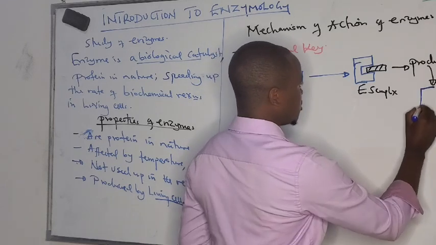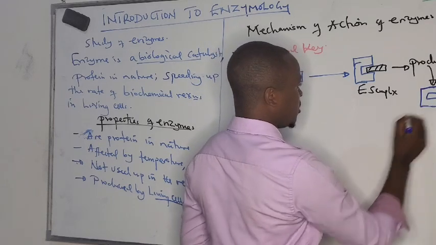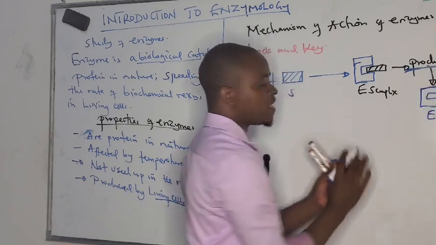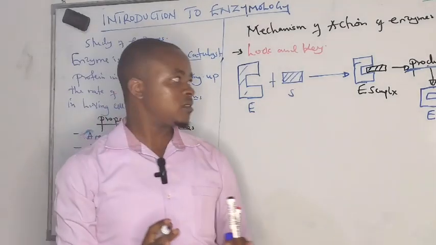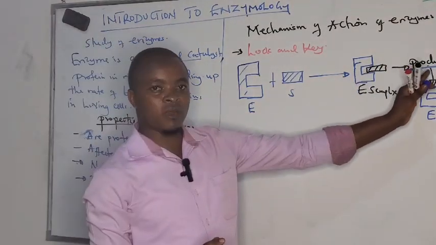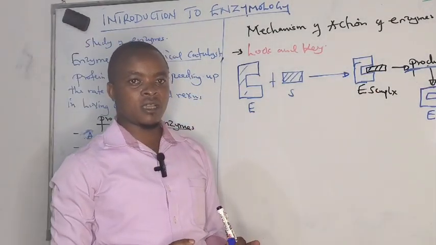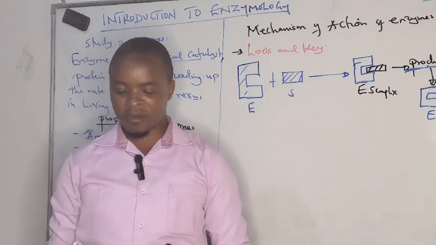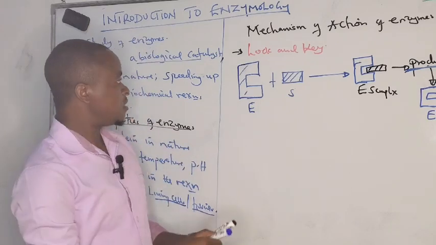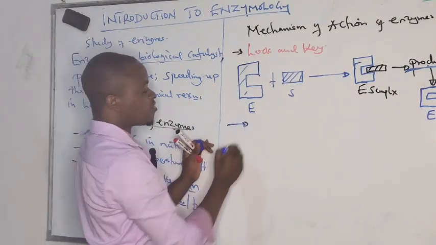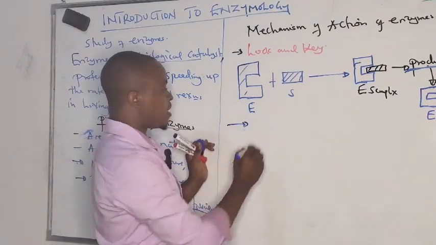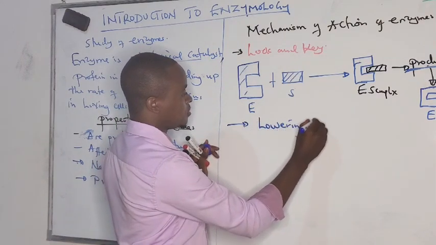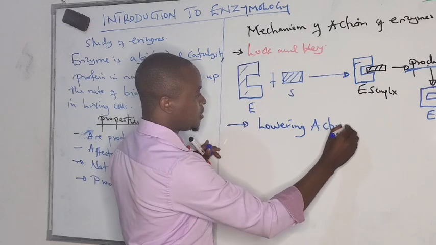It is released to go back and catalyze other reactions. So the major work of this catalysis is that we form a product. And how does it speed up the rate of biochemical reaction? By this lock and key hypothesis, it speeds up the rate of biochemical reaction by lowering the activation energy.